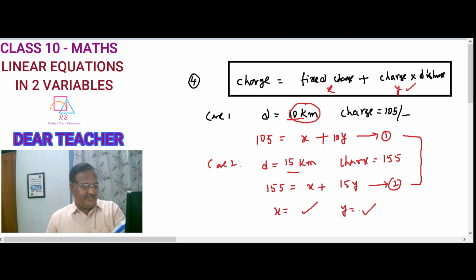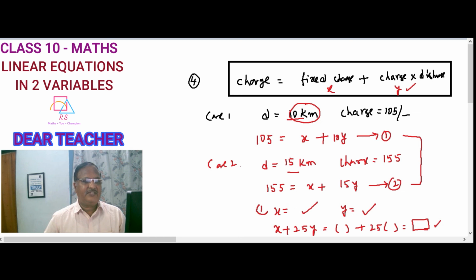And one more question is there: how much does a person have to pay for traveling a distance of 25 kilometers? So 25 kilometers means you have to find x plus 25y. So put the x value here plus 25 into the y value here, and you will be getting the final answer.